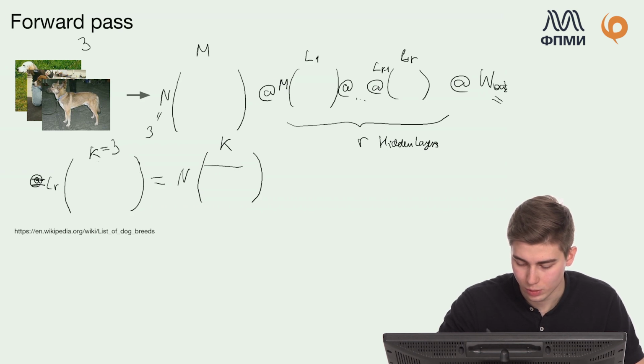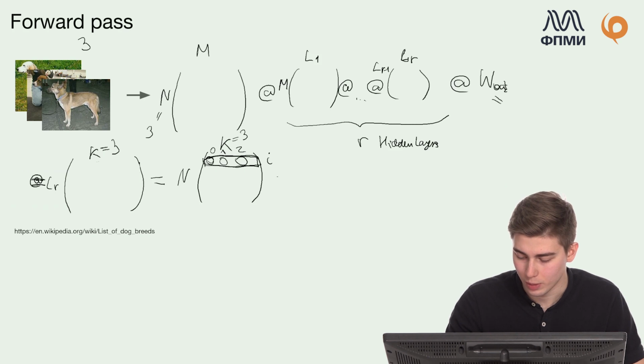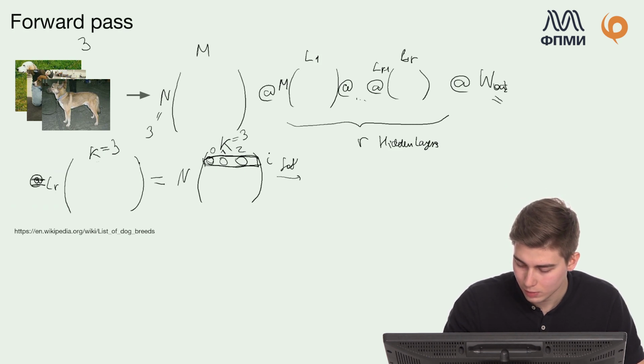So this is the row for each object, the row of, let me say, object number I. We have K numbers, so it's a K-dimensional vector. Each number in this vector states the score of this class. So 3 numbers, because K equals 3 in this case. And then we apply Softmax activation for each row independently.